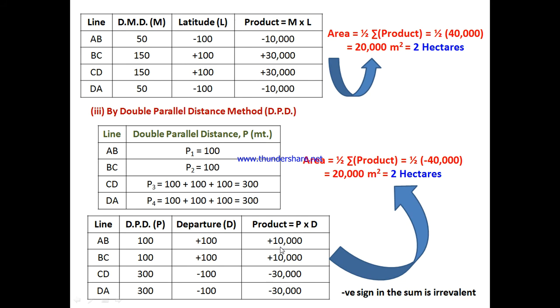So just take the product of these two, and then half of the algebraic sum of this product will give you the area.